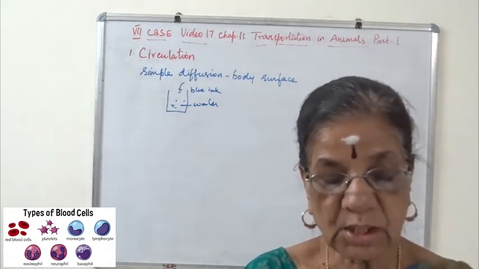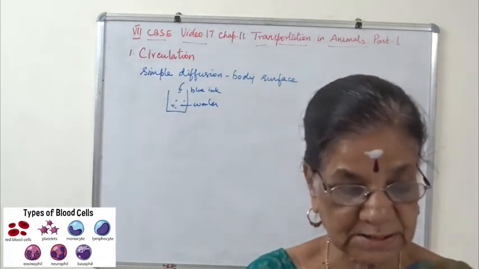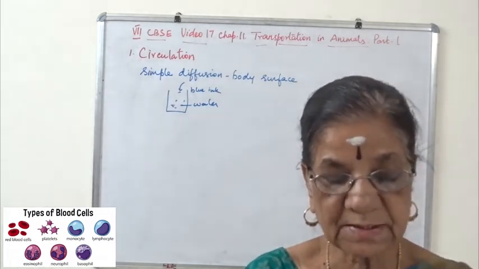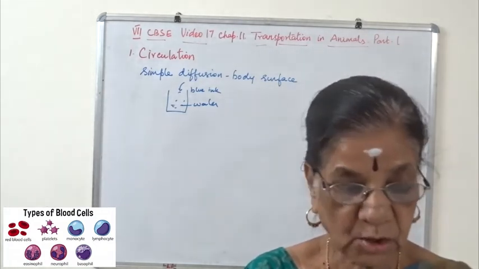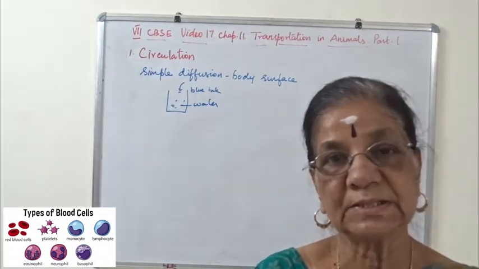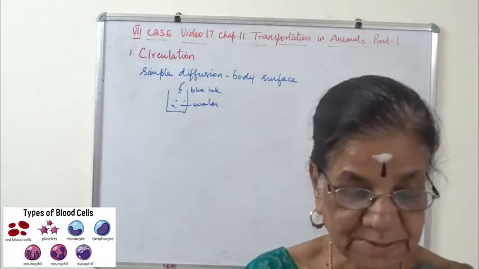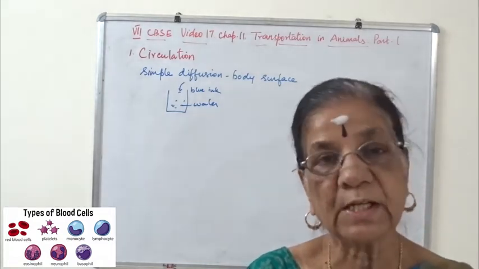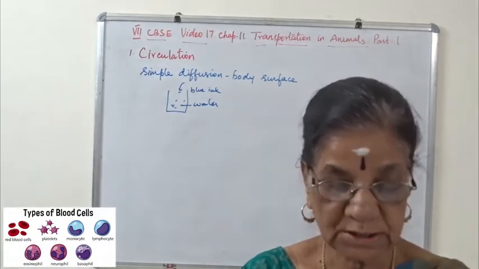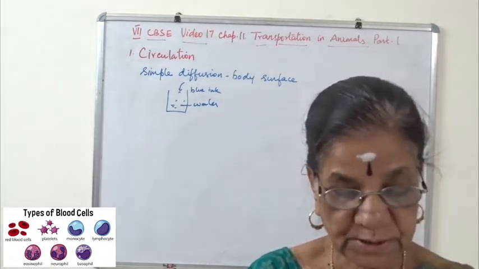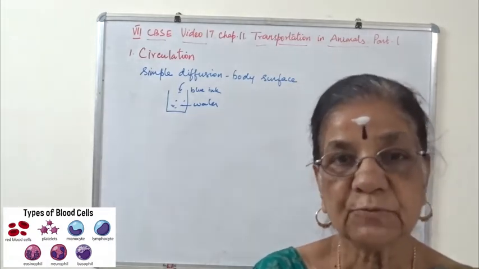Depending on the concentration of the substances, the membrane selects whether to take in or let out the particles. The substances move from a region of higher concentration to lower concentration. This transportation is called diffusion.